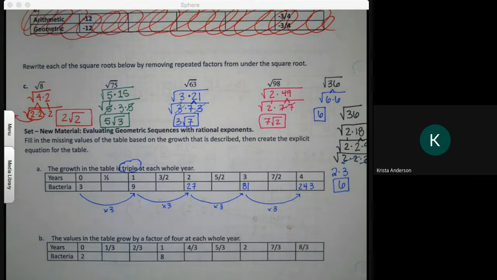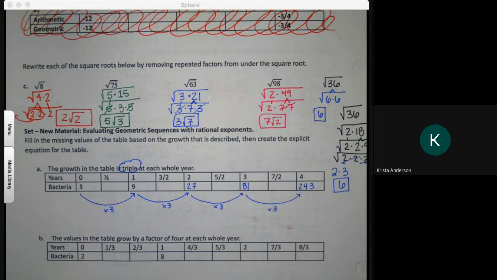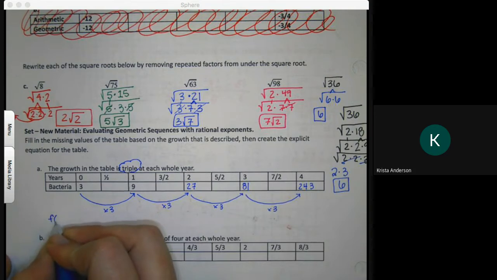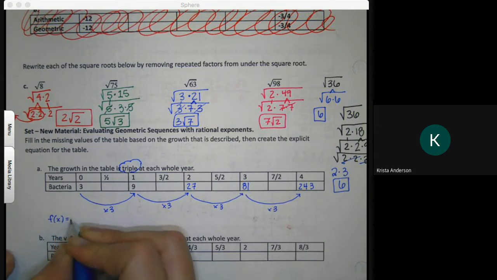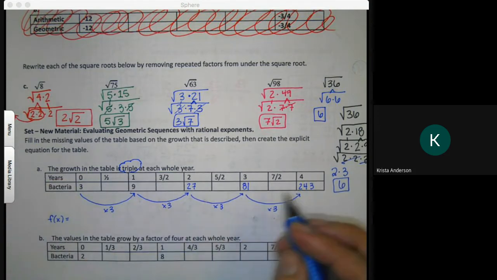The fraction sections are more difficult. So in order to fill those in, I'm going to build an explicit equation, which we have done before. It would be f of x equals 3 or 9 or 27, 81, or 243.